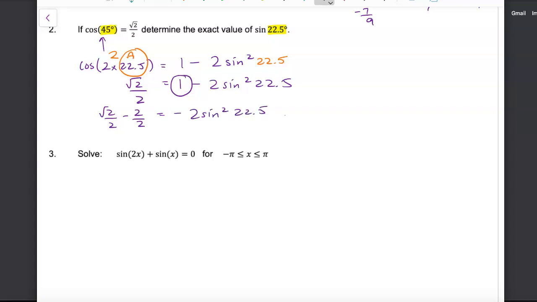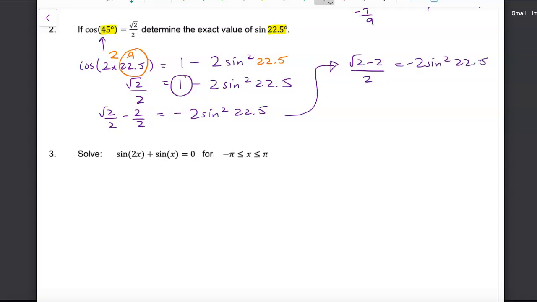Fortunately, I've just run out a bit of room, so I'll just pop it over to the right. So I'm going to just equate those fractions on the left. So I'm going to write them as √2 take 2/2 equals -2 sine squared 22.5.